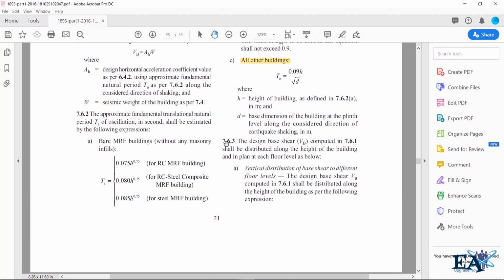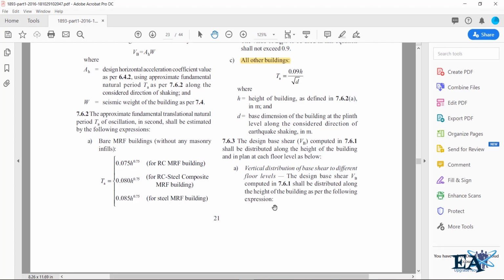So now as per clause 7.6.3 of IS 1893, the design base shear VB computed in 7.6.1, the design base shear we just saw, shall be distributed along the height of the building and in plan with each floor level as below. So vertical distribution of the base shear to different floor levels. As I told you, we have to distribute the base shear to different floors.